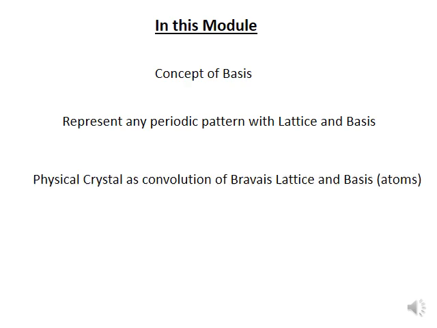More specifically, we looked at how to represent a physical crystal as a convolution of a Bravais lattice and a basis, such that the basis is made of atoms rather than points. And we looked at a few examples of physical crystals which are common or widely used in literature.